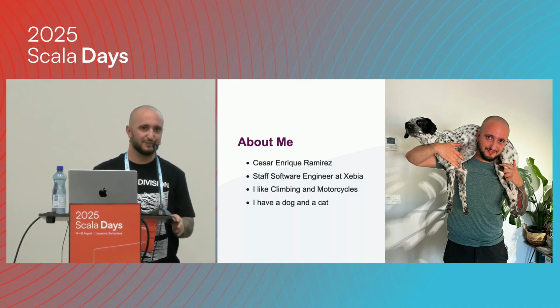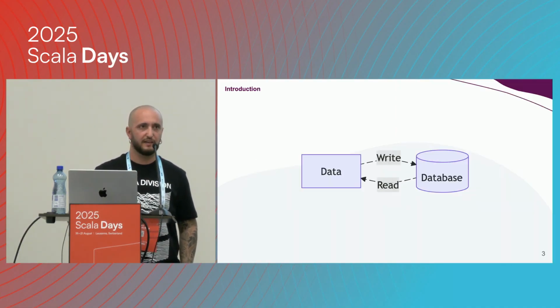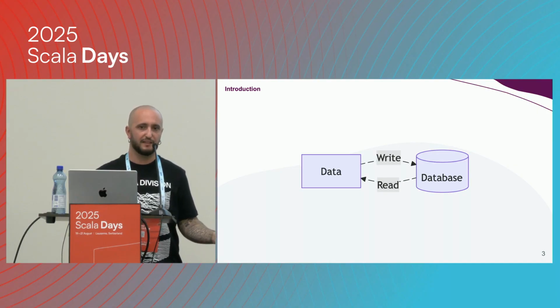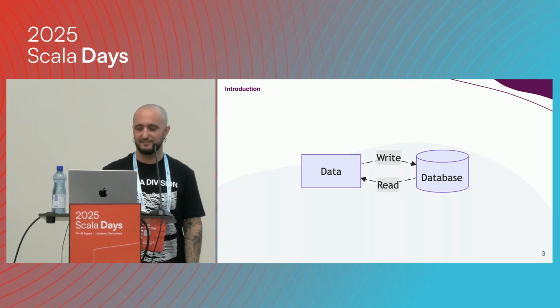And after that introduction, very small one, I'm going to talk about how to design domain models for writing to the database. But in particular, I'm going to refer to a document-based database, so kind of a NoSQL database here.